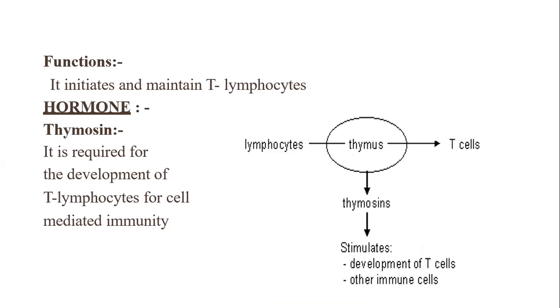This thymus gland secretes thymoxine hormone, and it is required for development of T lymphocytes, which mediate cell mediated immunity. So this thymus gland has a direct effect on T lymphocytes, T cells, for their maturation and development.